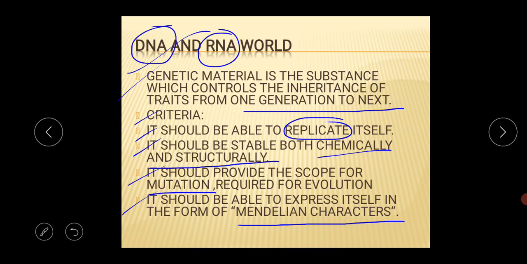By these criteria, something can be a genetic material. DNA and RNA have all these characteristics, so you can say that DNA and RNA are genetic material. But how will you prove this? Because this is science, you need to provide proof for this theory.